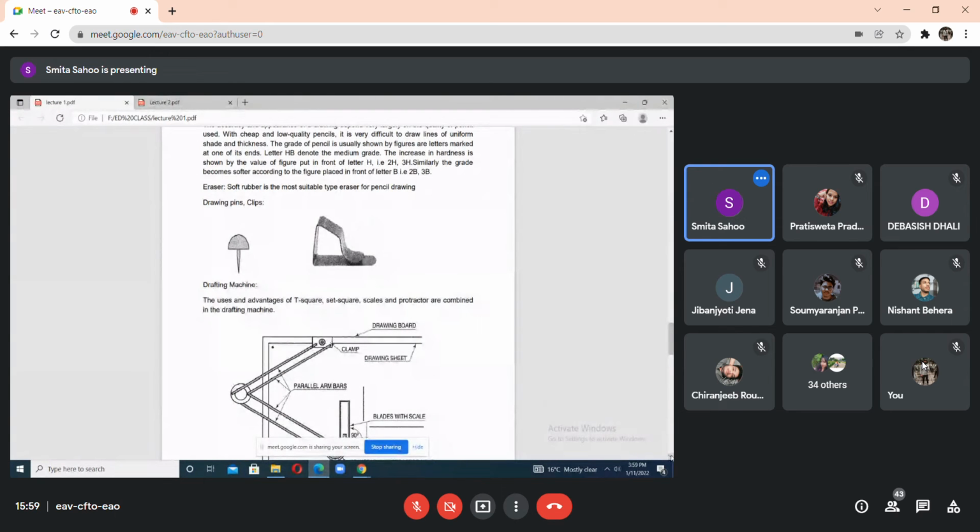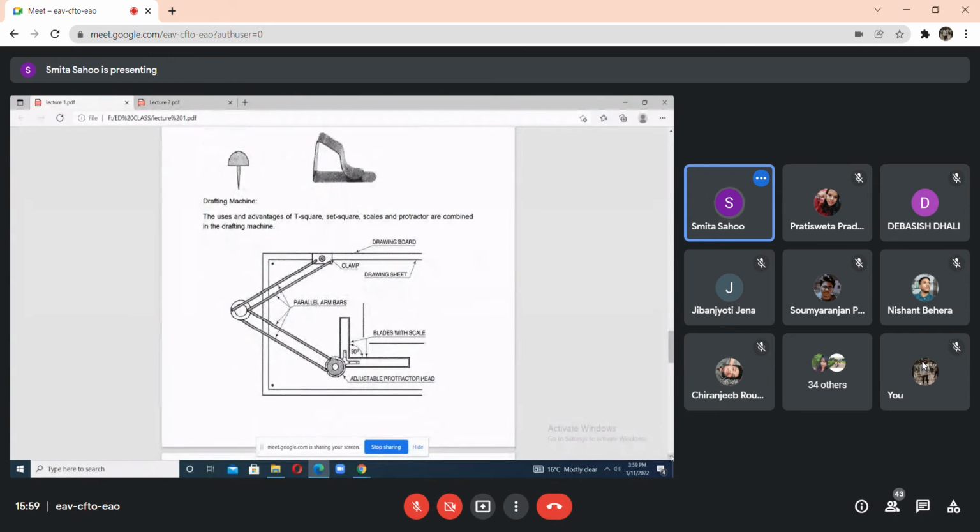Now we have the instrument we use for drafting purposes, this is the drafter. For the first time, you have started drawing with this instrument, called the drafter. This is a drafting machine which is very useful. The drafter has many parts and is clamped on the drawing board.